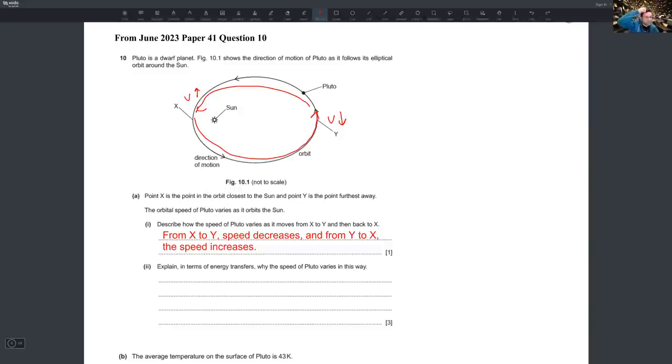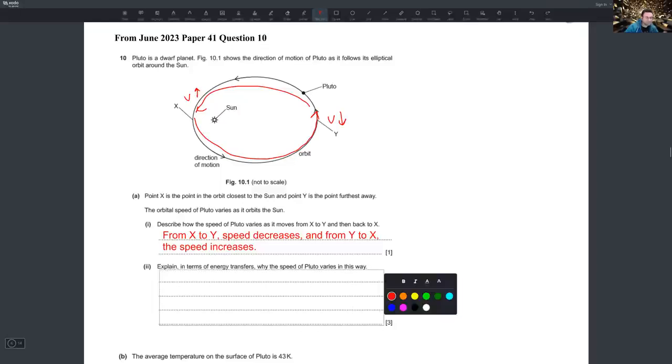Then from Y to X it's the opposite. So Pluto has the most potential energy at Y and the lowest potential energy at X, and vice versa. It has the most kinetic energy at X and the lowest kinetic at Y.